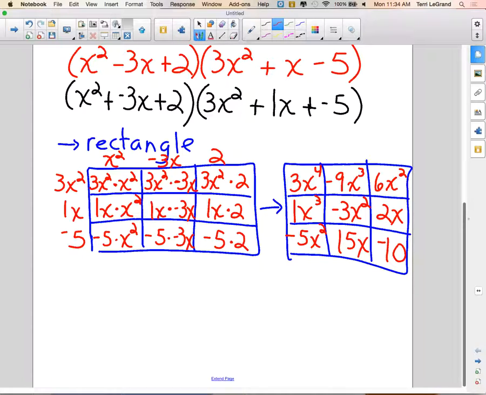When you do your multiplication as a rectangle, you should have nice diagonal groups of like terms like that. And the corners, the top left corner, the bottom right corner, should have nothing that can be combined with them. Okay?